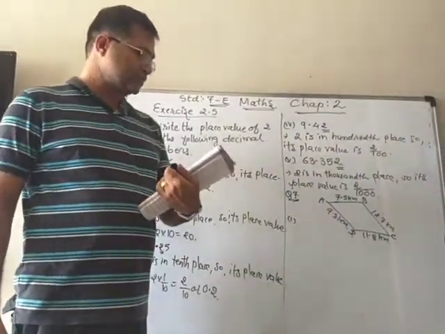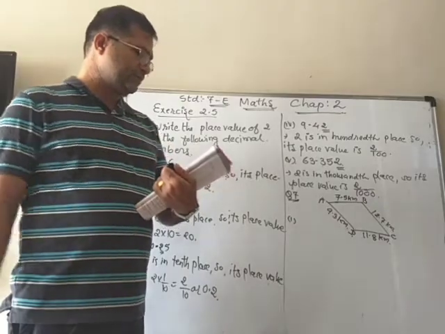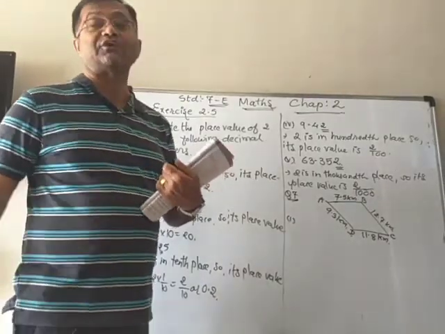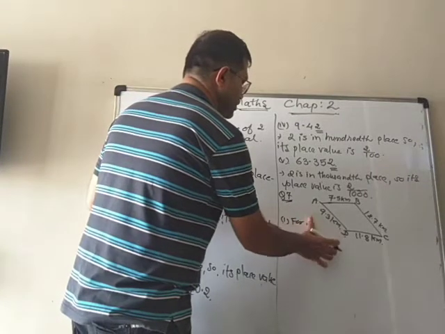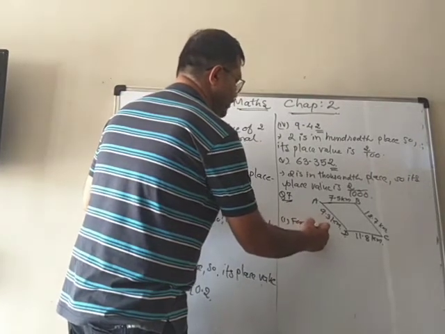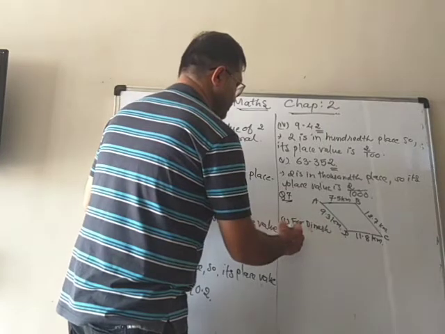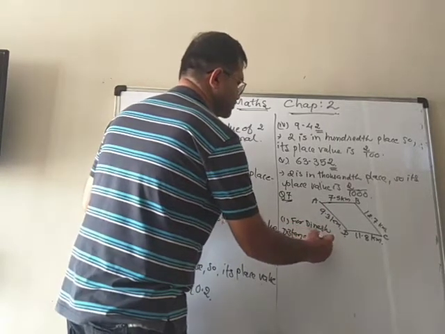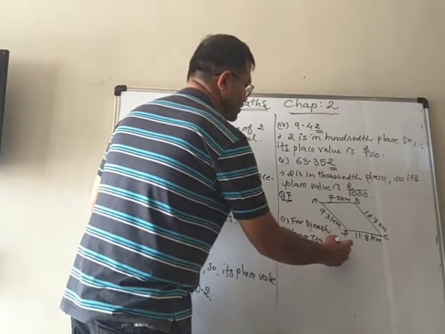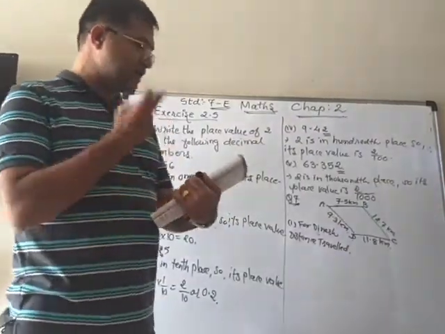Now first we will find how much distance was traveled by Ayub and Dinesh. First we will find it for Dinesh, the distance traveled. Read again: where did he start?